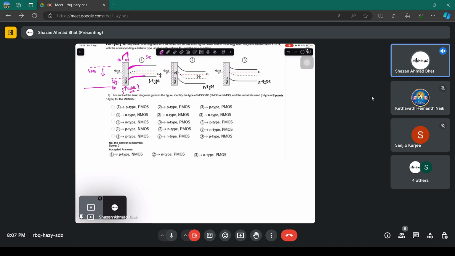Whether you call this PMOS or NMOS depends upon what type of charges you have. I think the answer for this is the fourth one. It's not the third, because whenever you have the p type here, you have more electrons here. That means it's NMOS.